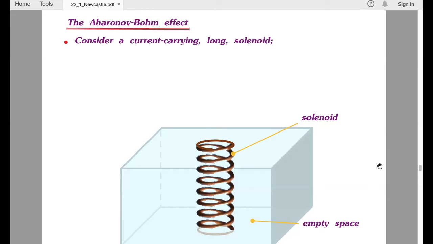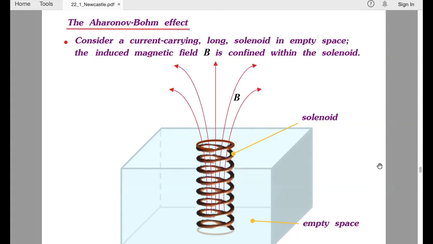And then you just put your current in the solenoid, and if the solenoid is very long, it doesn't need to be infinitely long. We can't do that, but in experiments, a meter long is enough to constrain the induced magnetic field inside the solenoid. So the magnetic field is totally confined inside for a good portion of your solenoid.